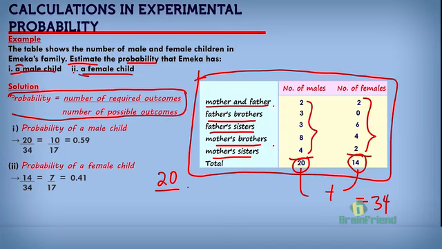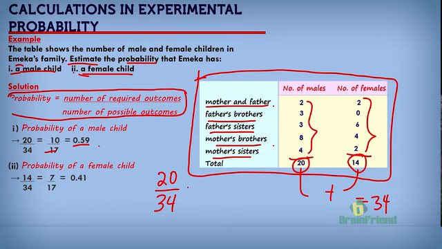So the total number of possible outcomes is 34. 20 over 34 is 10 over 17, which is also 0.59. So the probability of a male child in Emeka's family is what? 0.59.